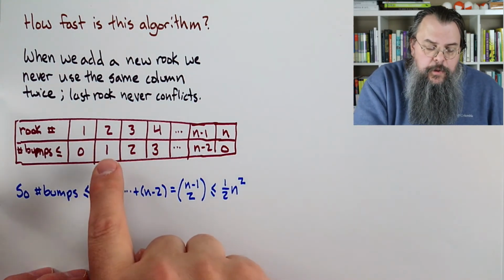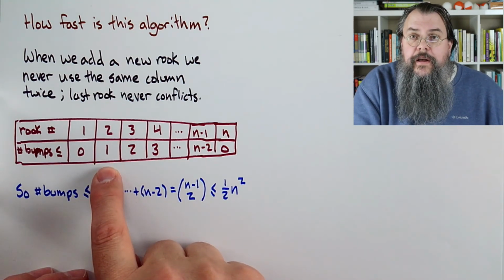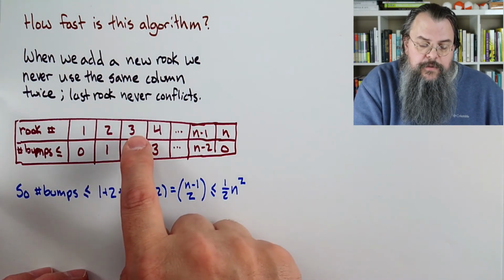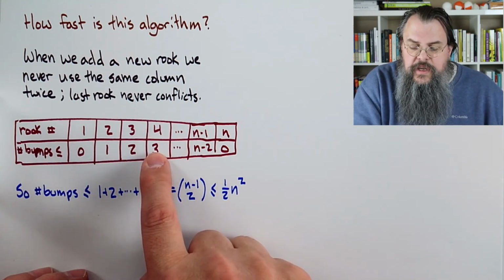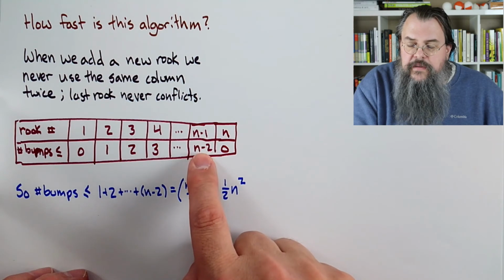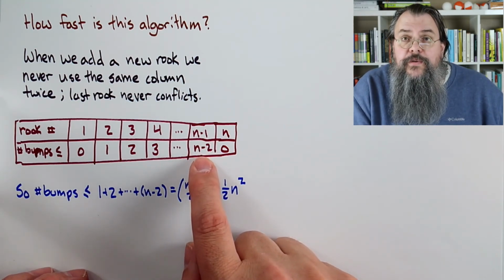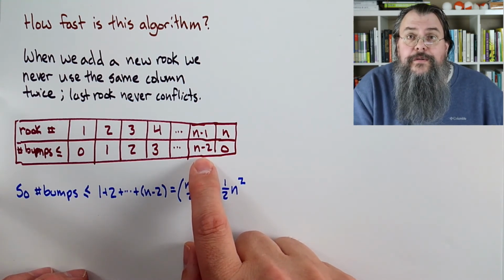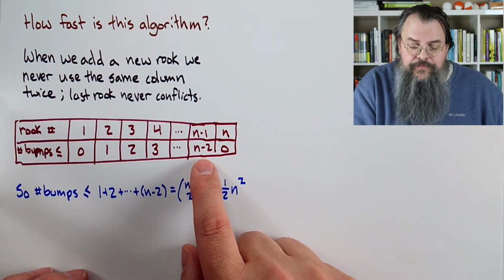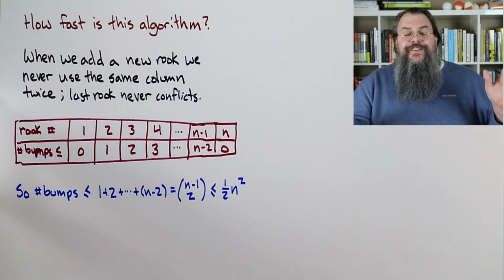That's great. When you place your second rook, you may have to make one modification, one adjustment. When you place your third rook, you may have to do two. Your fourth rook may have to do 3, all the way up to the very penultimate case. When you place your n-1th rook, maybe you need to do n-2 bumps. Well, worst case scenario. And the last one, no problems. Life is good. So we have a bound.